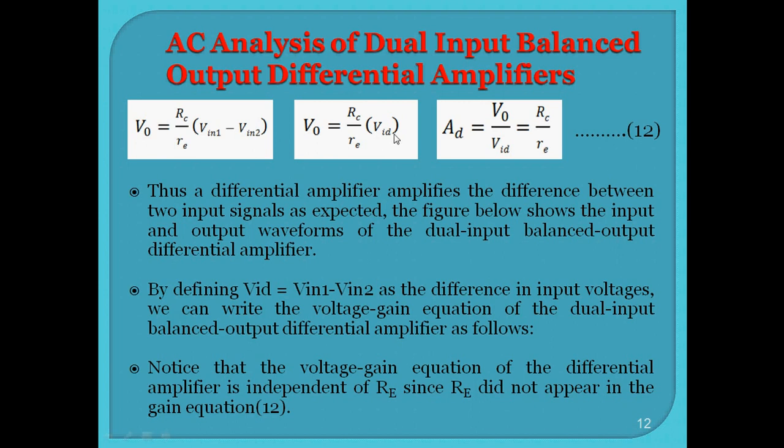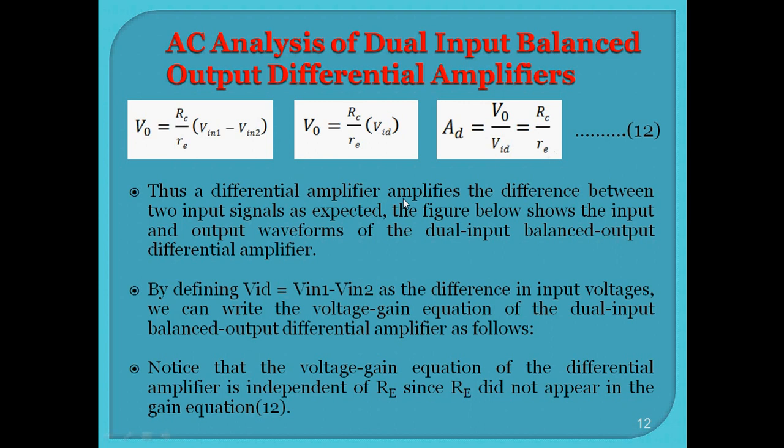We know that differential voltage gain is output voltage divided by differential input voltage, and when we rearrange this equation, V0 by VID is RC by small re. So the differential gain is equal to output voltage by differential input voltage, which is equal to capital RC divided by small re.